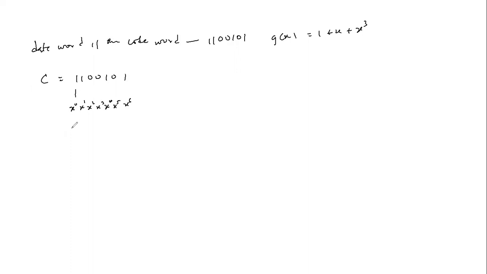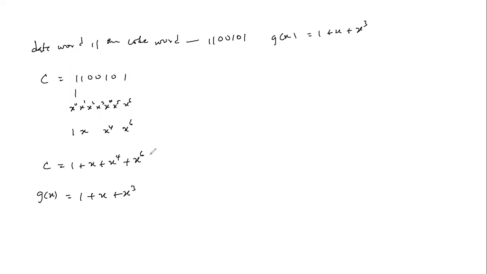So x to the power of 0 and x are on, these are off, then x to the 4 is on, x to the 5 is off, then x to the 6 is on. So that's c of x equal to 1 plus x plus x to the 4 plus x to the power of 6. And g of x is the same as 1 plus x cubed.